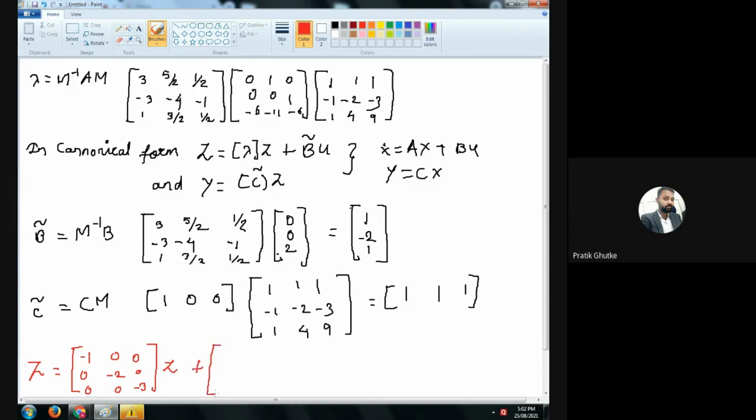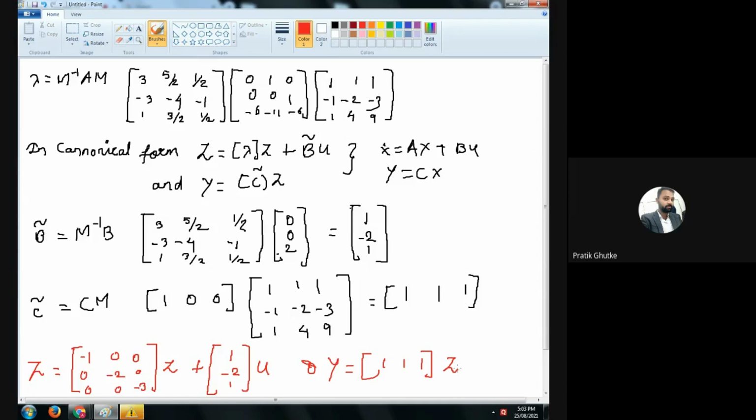So B cap, just now I have calculated. What is my B cap? 1, minus 2, 1. B cap into U. And the output equation, that is Y equals C cap into Z. So what is my C cap? C cap is 1 1 1. C cap into Z. Okay.